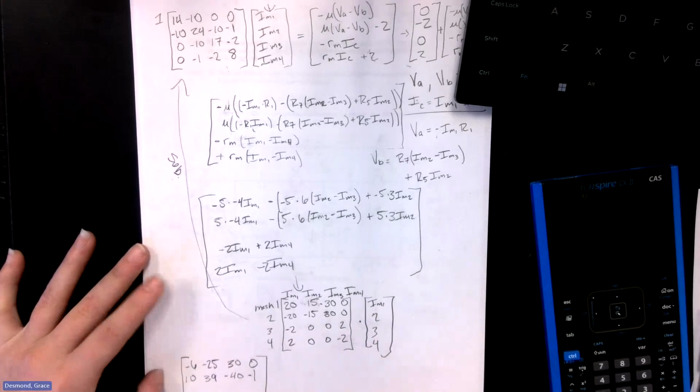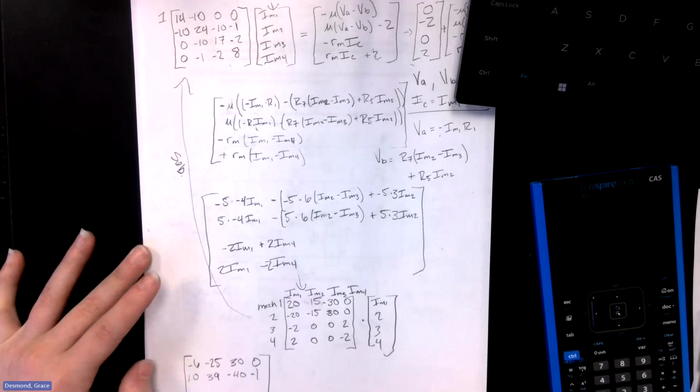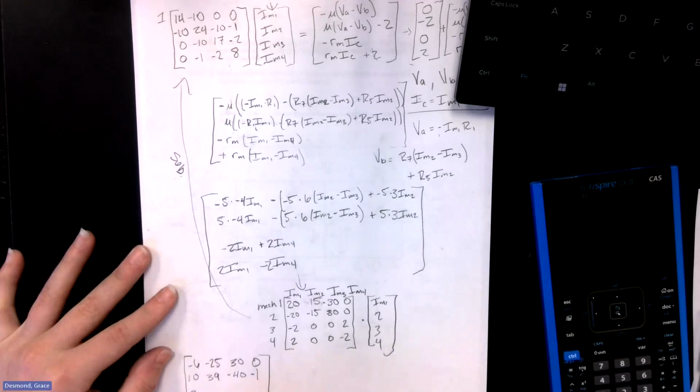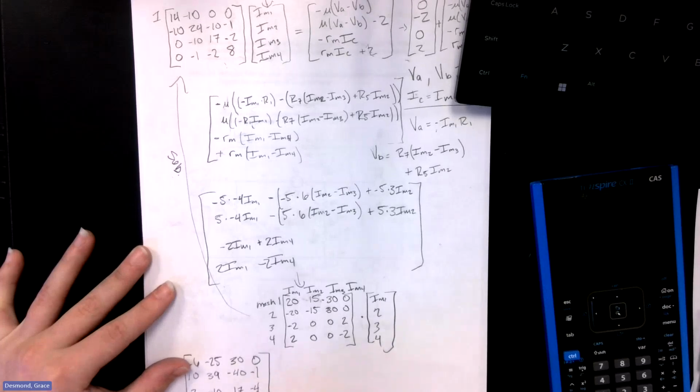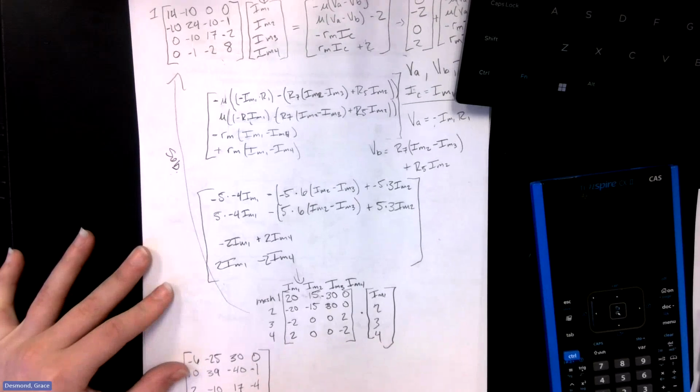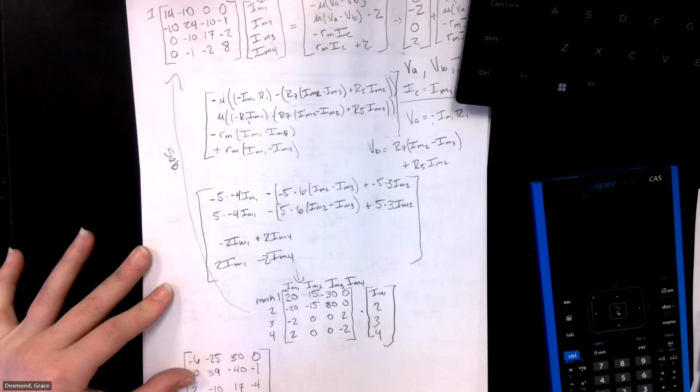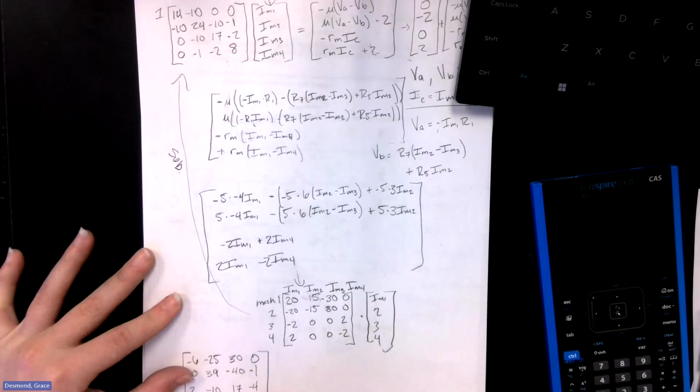It's negative 1. 0 minus negative 2. 2, negative 10, 17, then 2, negative 2 minus 2. Negative 4. Perfect. Then we have 0 minus 2. And those stay the same.